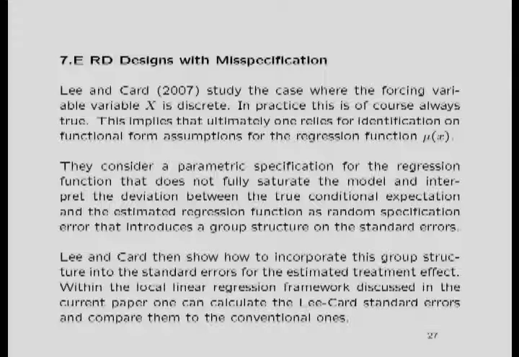So even though you may try to compare outcomes very close to the cutoff point, you may end up comparing average outcomes for values of the covariates that are somewhat far away from the cutoff point. One way of seeing whether that is a concern is an idea from Lee and Card. We put a more parametric specification on the regression function and then use the difference between that and the average outcomes as a specification error that allows you to adjust the standard errors and get more credible confidence intervals.